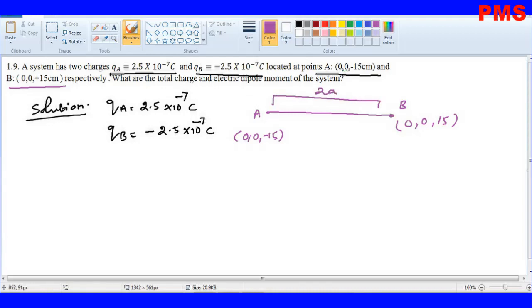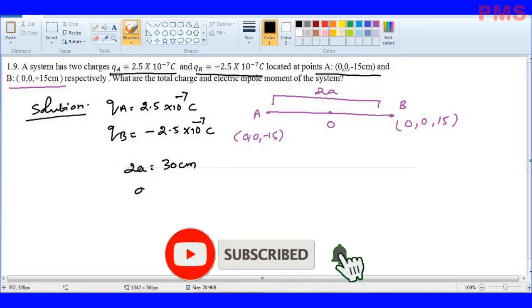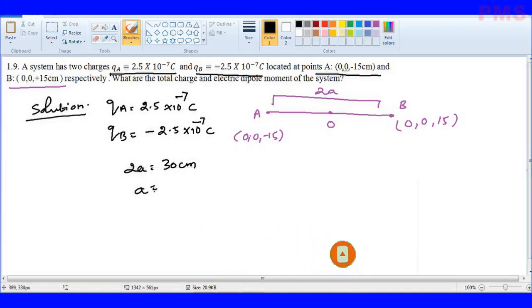The total distance between A and B: we take the midpoint as origin O, with A to O and O to B each equal to a, so the total distance A to B equals 2a. Adding 15 and 15, the total value is 30 centimeter, so a is 15 centimeter.